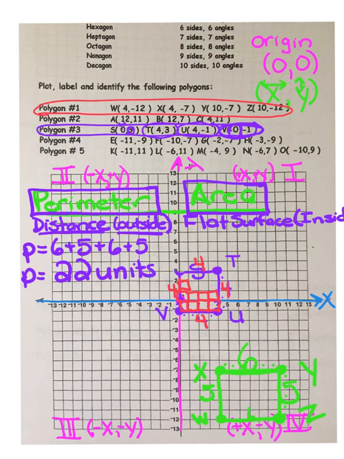Now let's go to area. We're going to use the formula area equals base times height. Well, our base is 6 units, and we have 5 units up the side. When we multiply 6 times 5, we get an area of 30 square units.